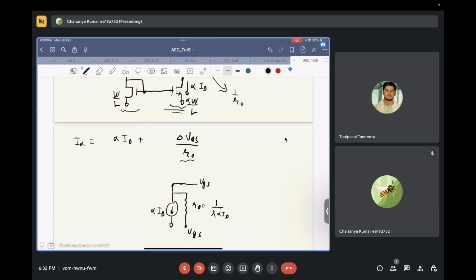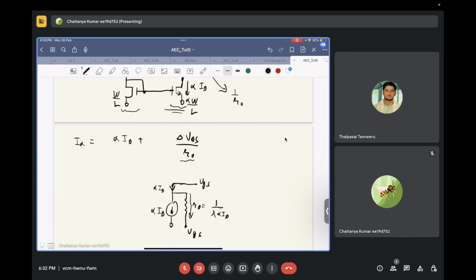So if there is VGS only at this node, then there will be no current flowing through R naught. That means VGS of this transistor and VGS of the original diode connected transistor is the same. So in that case, the current flowing from here will be alpha ID.